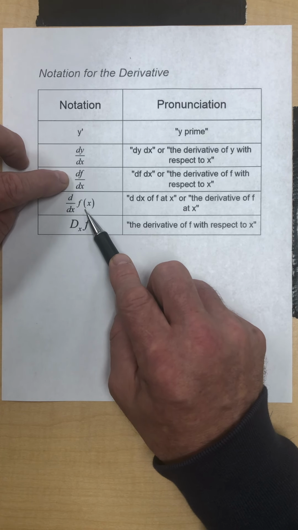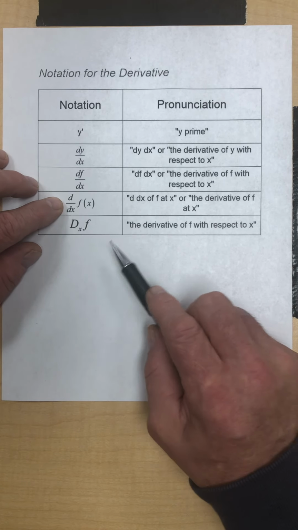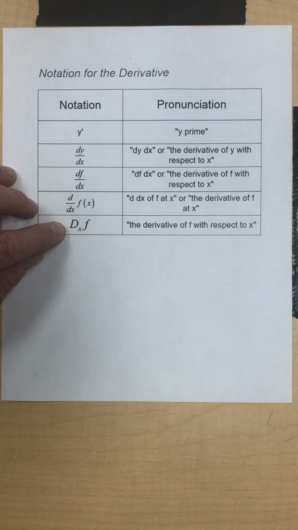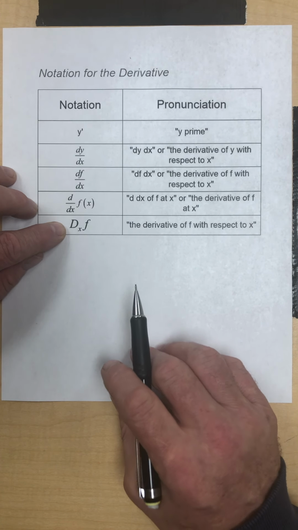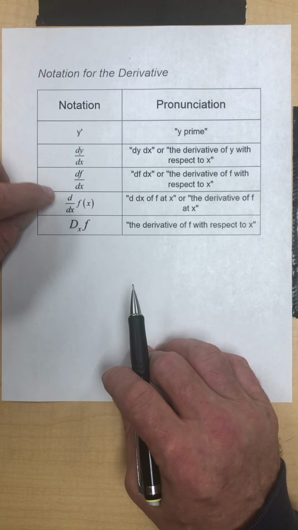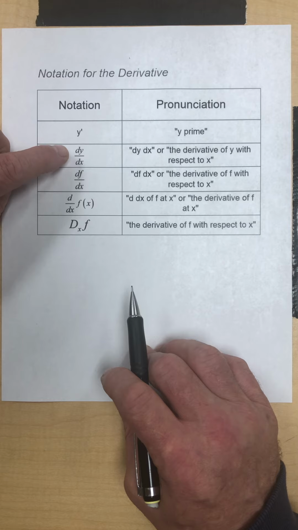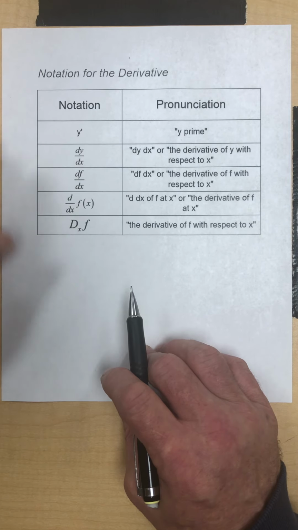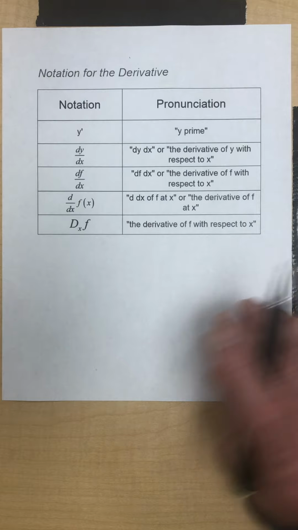It's just another way of saying this. And then the last one is using this capital D with the subscript x. That means we're taking the derivative of the function f, which is the same as this and that. And obviously, if you're not in function notation, it's the same as both of these. So these are all different ways to represent the derivative. That's all they are.